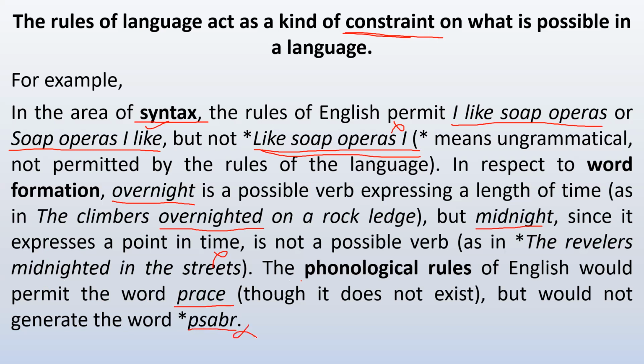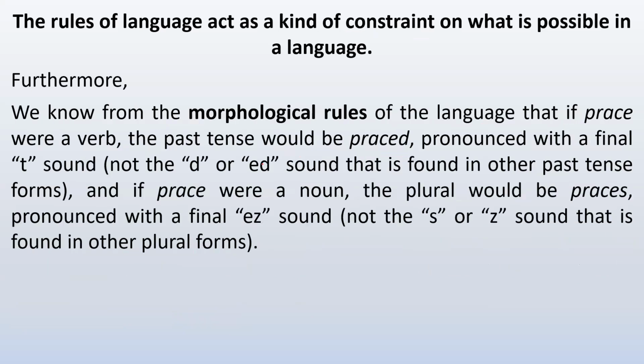This kind of combination of sounds is not allowed, not practical, or ungrammatical, whereas this kind of combination of sounds is okay, although we don't have it. It's a different story, but still we can pronounce this. We can say "crack" or something, but we can't pronounce this one. So there's a limitation there.